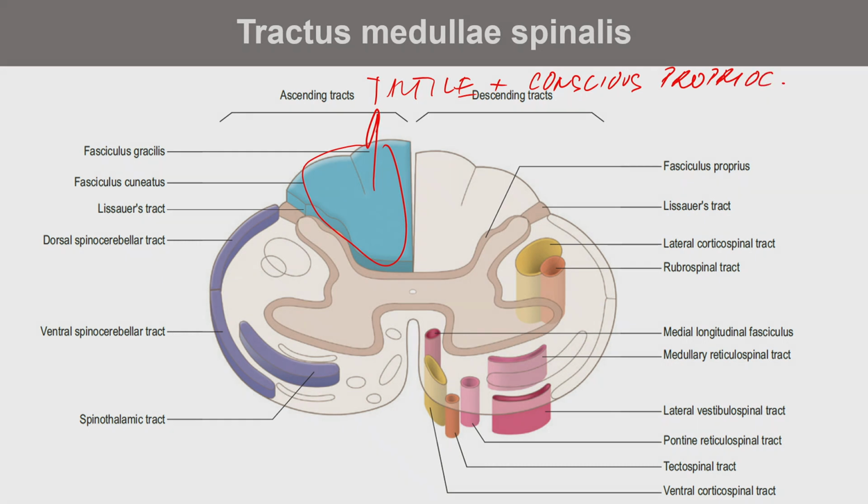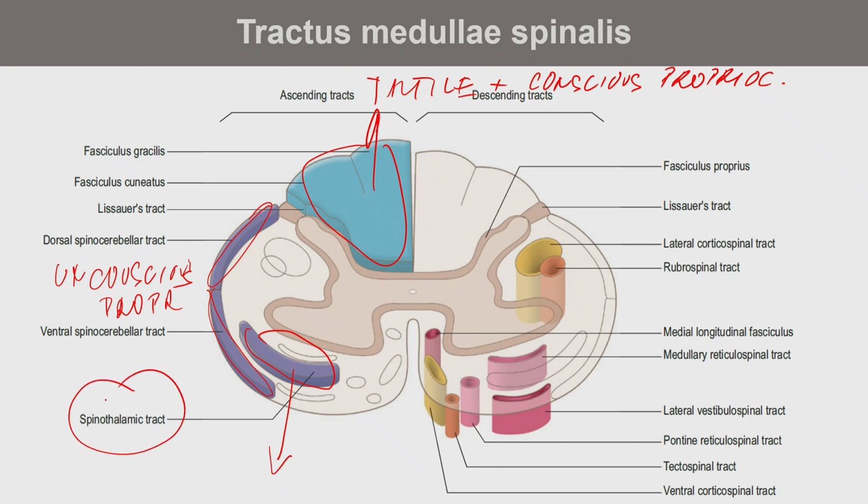Here we have spinocerebellar and spinocerebral, which are unconscious proprioception, and anteriorly is a spinothalamic tract which has nociception.